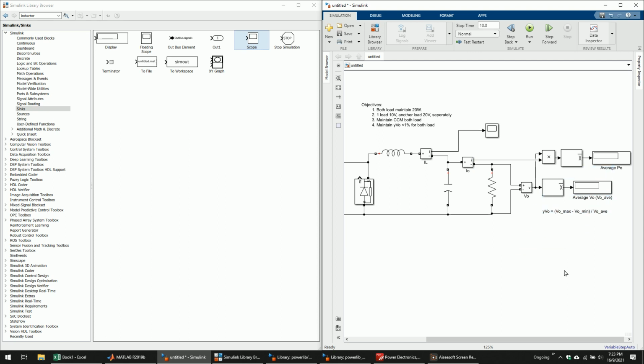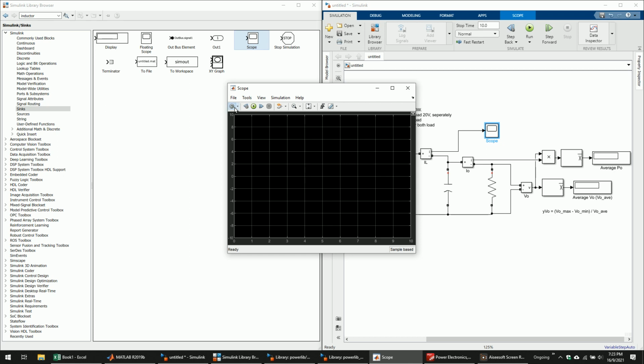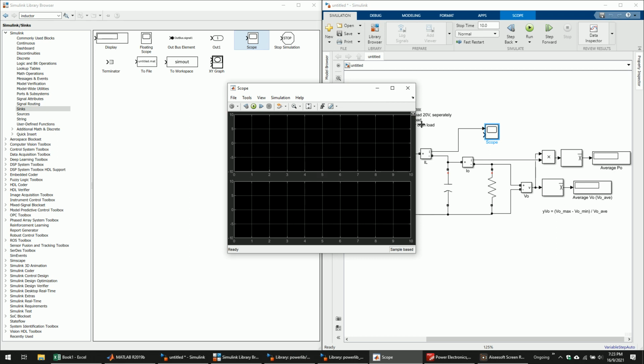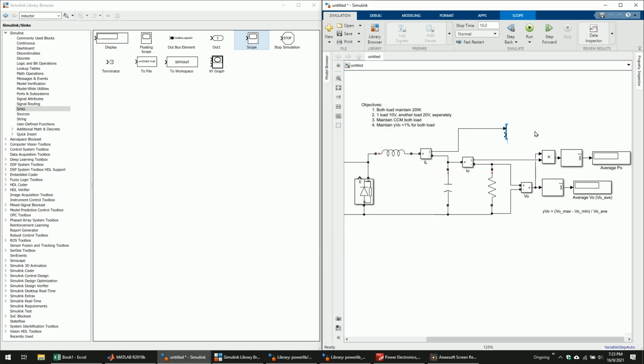So maximum and minimum you have to use the scope. So double click the scope. Go to setting, make sure you have two input. This one is different based on your MATLAB. So other MATLAB version, it will produce different setting. So basically the first one, you go here, and then you go here.